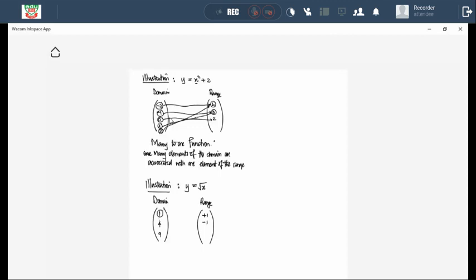So 1 brings out plus 1 or minus 1. Right, now look at this. 4, if you plug 4 there, it will give you plus 2 or minus 2. What about 9? Definitely, it also gives you plus or minus 3.